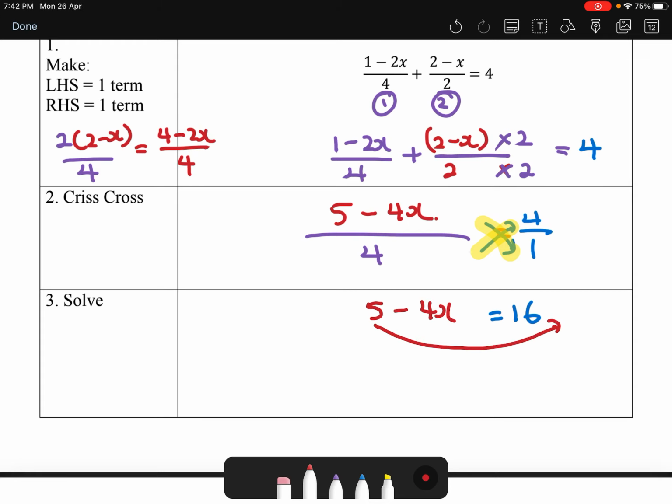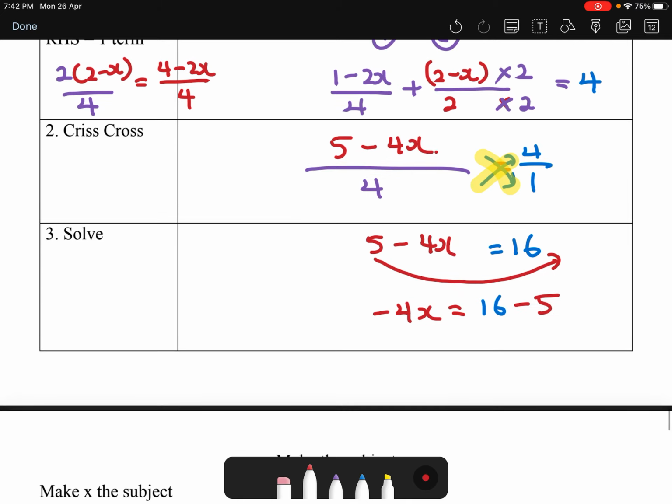Your plus 5, you move it to the right hand side, changing your sign to minus 5. Then you should get minus 4x equal to 16 minus 5, which is 11.